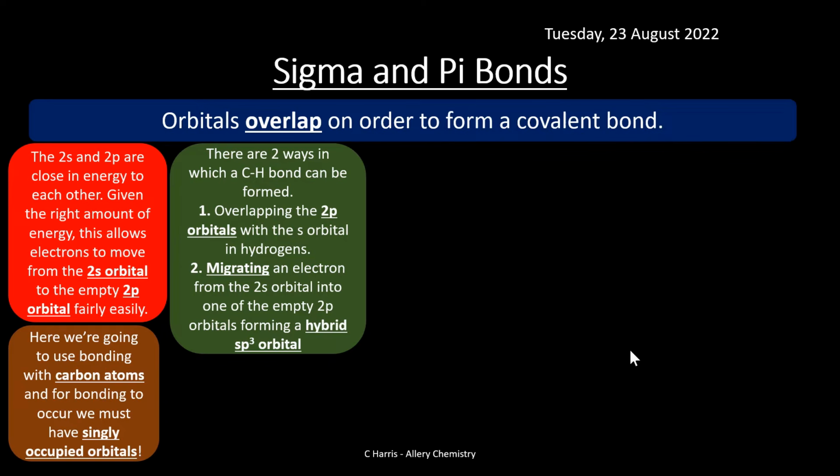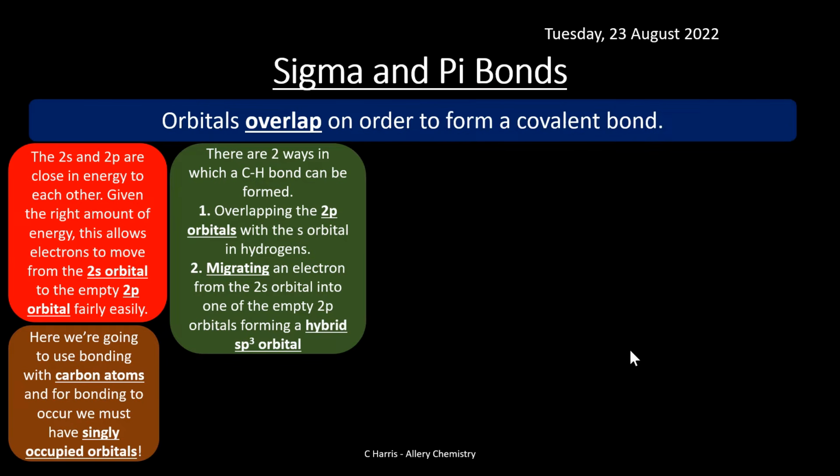So we can either overlap the two p orbitals with the s orbital in hydrogen, and form a C-H bond. Remember, in hydrogen you only have a 1s orbital because it only has one electron, so it's singly occupied. And with carbon, you have 6 electrons in total, so you have some in the p orbitals as well.